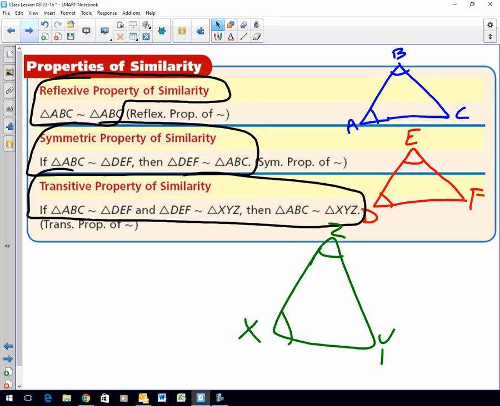If ABC is similar to DEF, and DEF is similar to XYZ, then the third part, ABC, is similar to XYZ. They're all similar.